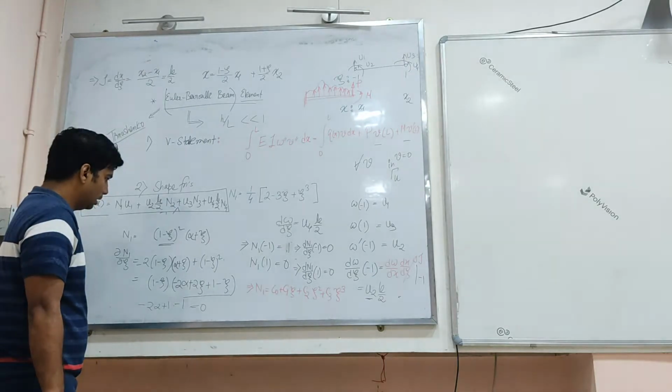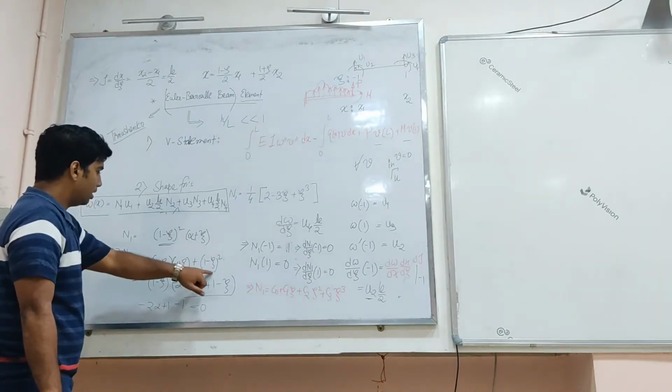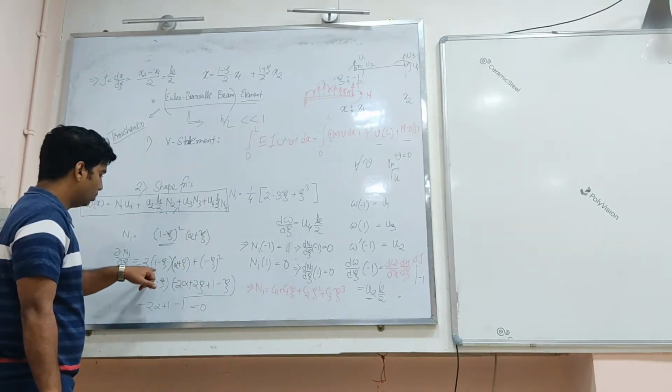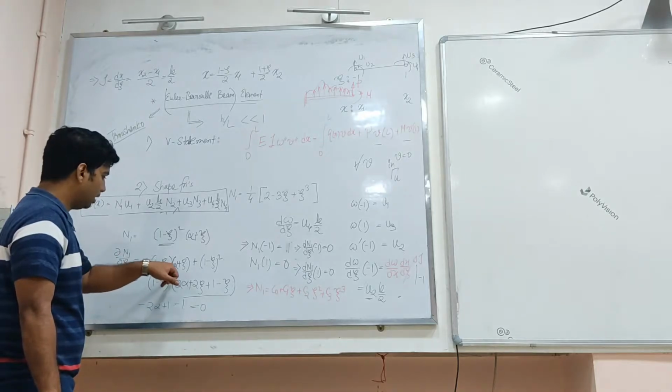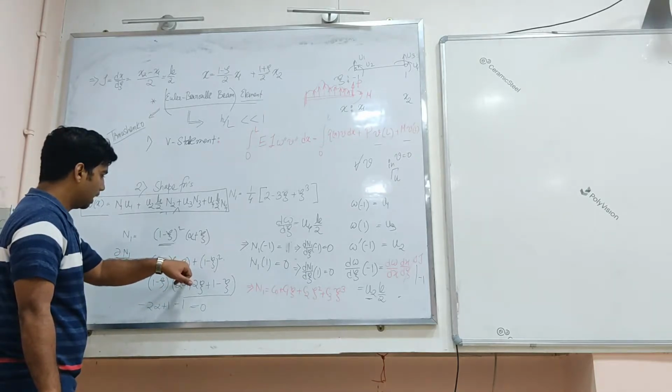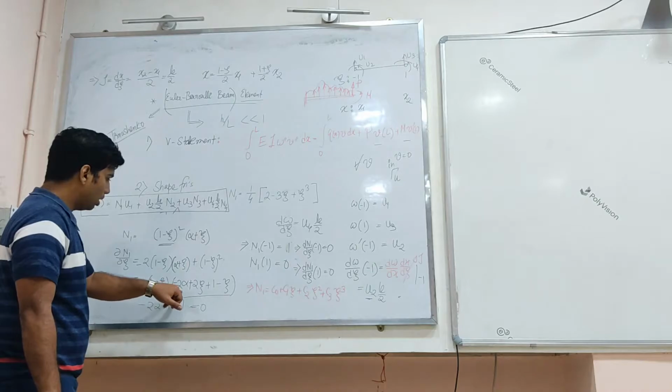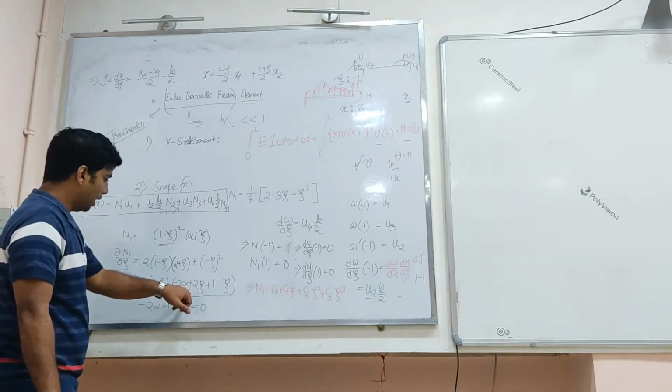Minus 2 alpha plus 1 minus Xi whole square, twice minus 2, 1 minus Xi alpha plus Xi. So minus 2 alpha plus 2 Xi.